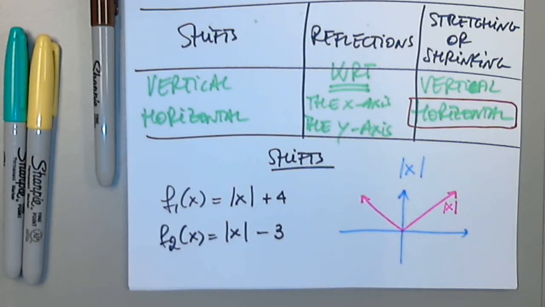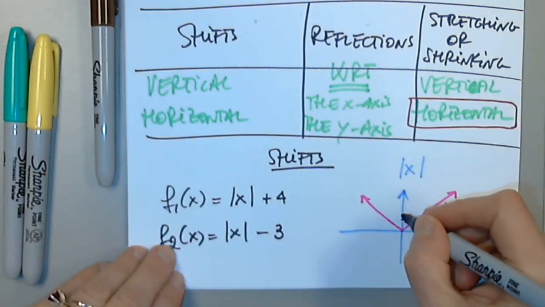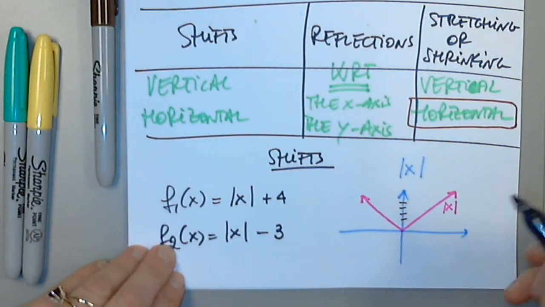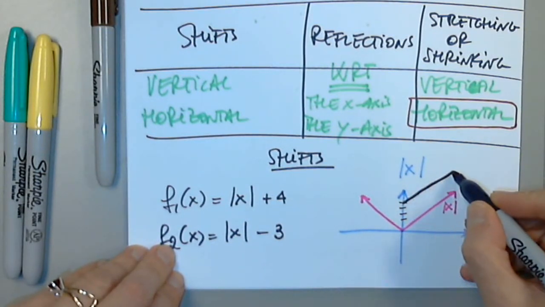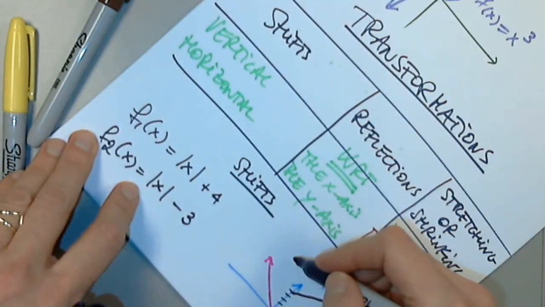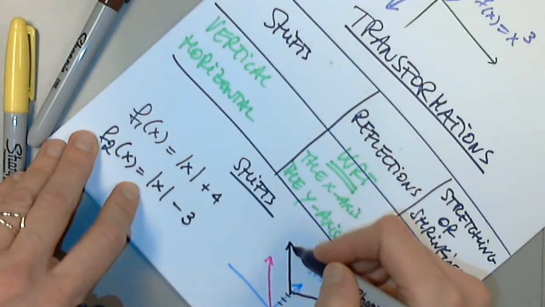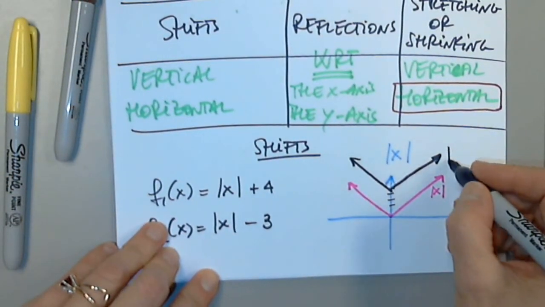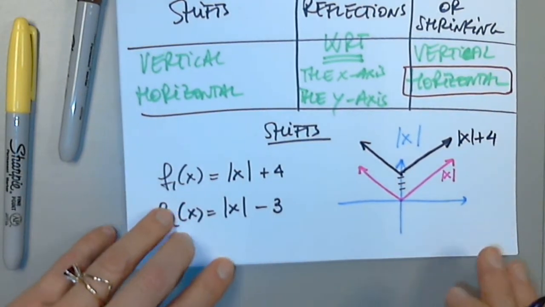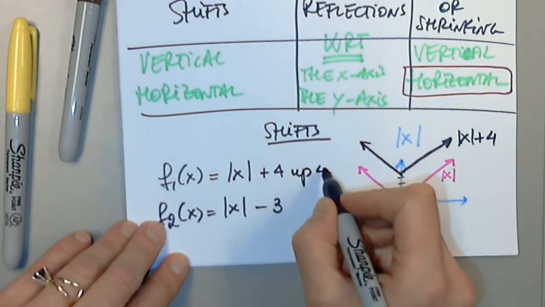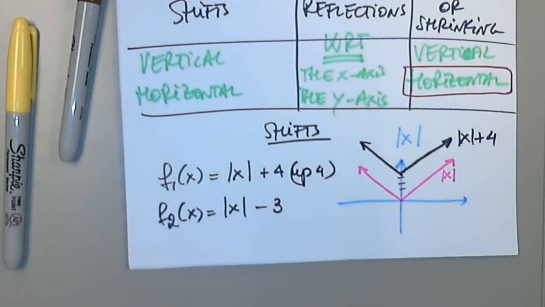Very good. So let's graph it. The two branches obviously have to be completely parallel to the original function. Mine is not perfect, of course. No surprise there. So this is up 4. So we are talking about a vertical shift of up 4 units.